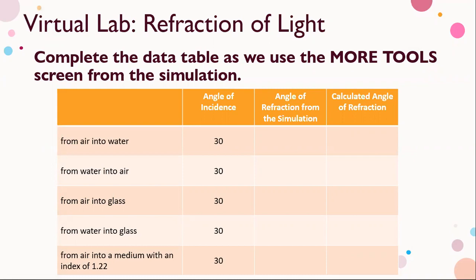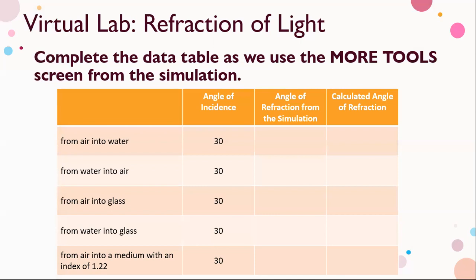We are going to look into the angle of refraction from the simulation, and we are going to calculate the angle of refraction using Snell's law. Snell's law gives us that n sub 1 sine theta sub 1 is equal to n sub 2 sine theta sub 2. So in order for us to calculate theta 2, we are going to manipulate the formula given to us by Snell's law.